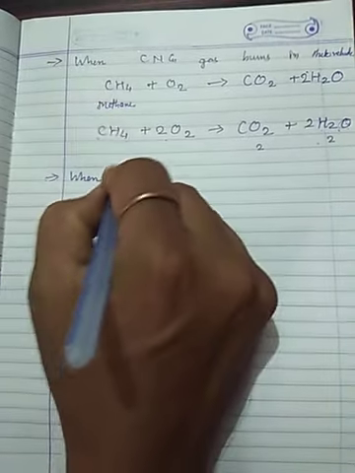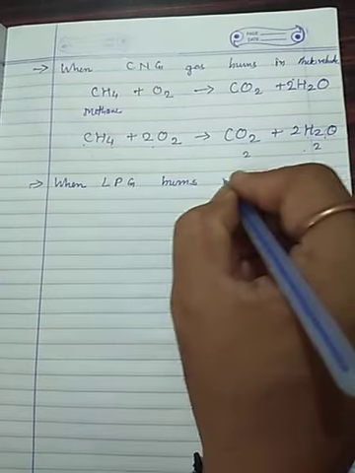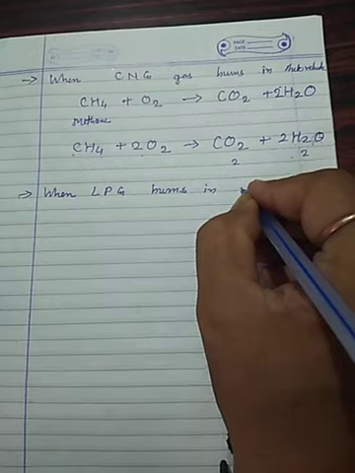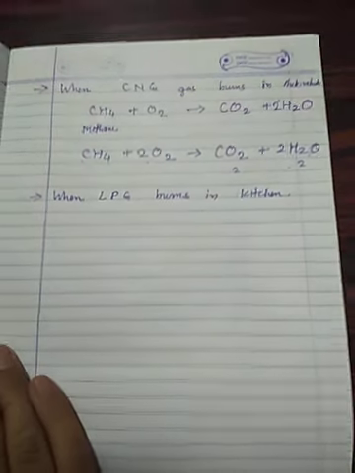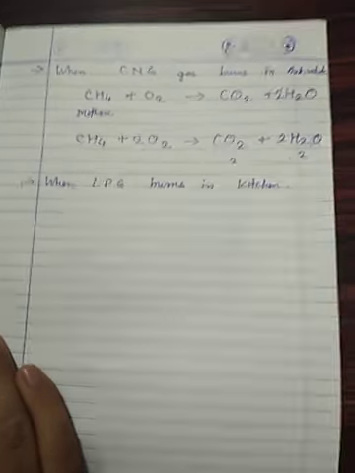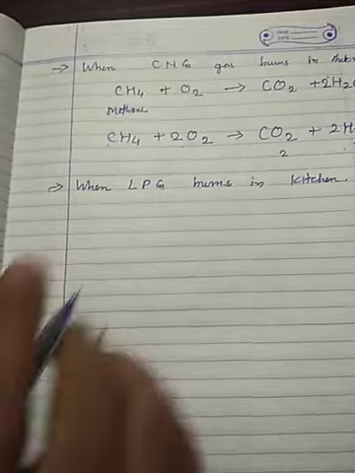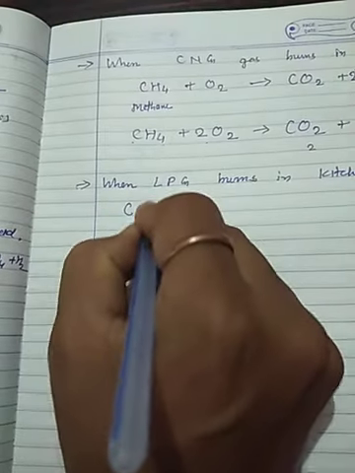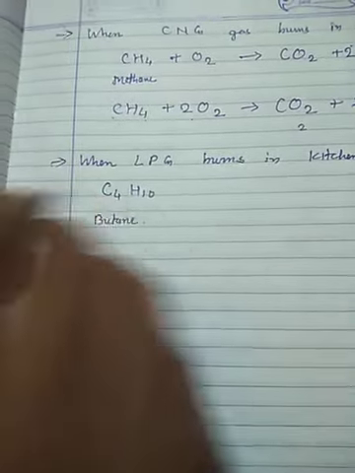When LPG burns in the kitchen, again the question arises, what is LPG? We have already learned it is liquefied petroleum gas. It contains C4H10. Its scientific name is butane.